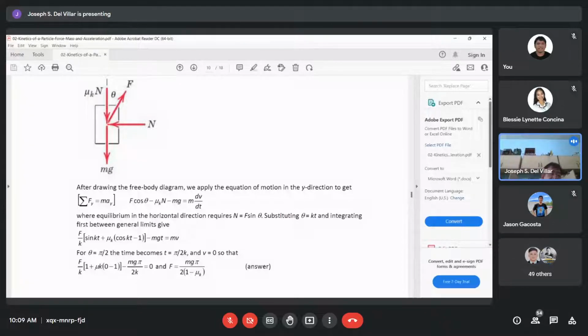Okay, so ito, yung component ng f, no? So that is f sine of theta. Okay? So sine because normal is horizontal, so ito siya. Ito siya, yung magko-close nitong right triangle dito.